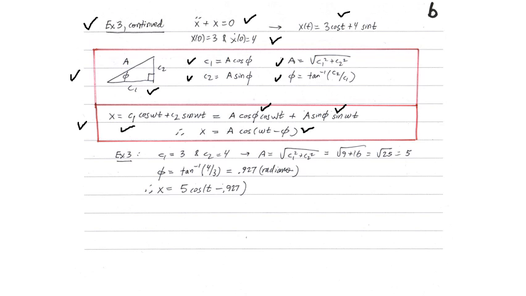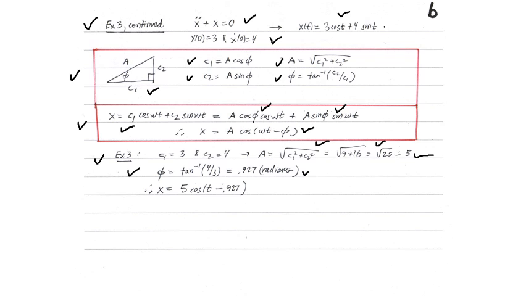In terms of example 3, working out those details, C1 was 3 and C2 was 4. So the amplitude turns out to be the square root of 25, which is 5. And the phase shift turns out to be the inverse tangent of 4/3, which is about 0.927 radians.